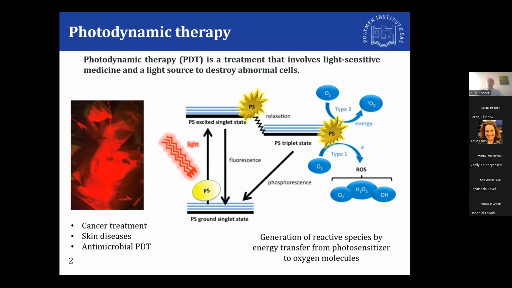We recognize two types. The first type is a generation of reactive oxygen species like peroxides, and the second type is based on the production of singlet oxygen. These highly reactive molecules can destroy the abnormal cells.